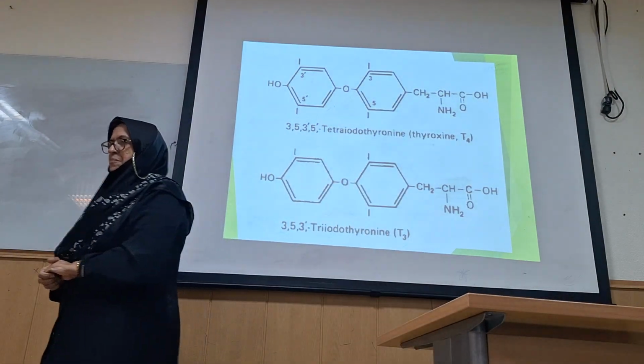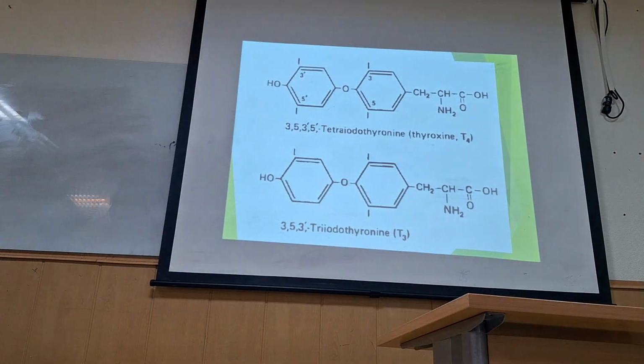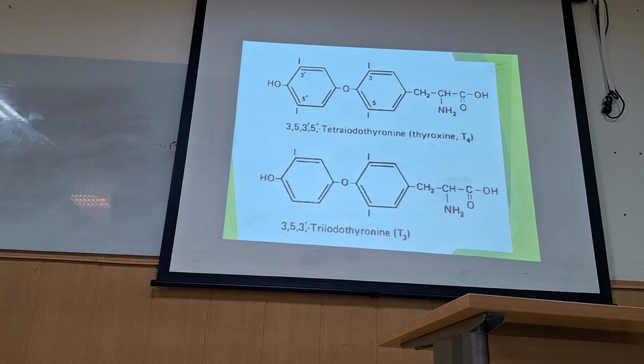This slide shows the origin or composition of thyroid hormones. I ask you, we have 3 types of hormones, okay? Please name the 3 types of hormones in our body. Amino acid based hormones, protein based hormones, and lipid based hormones or steroids.